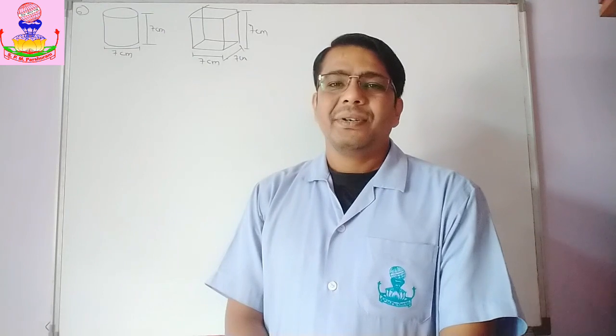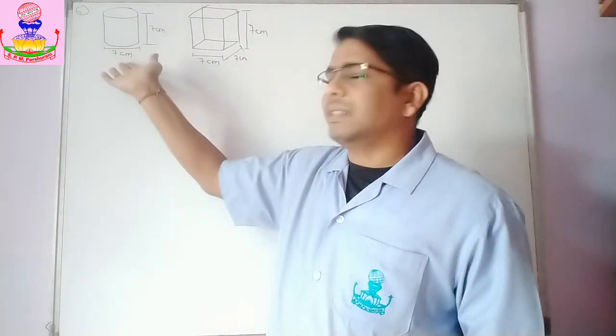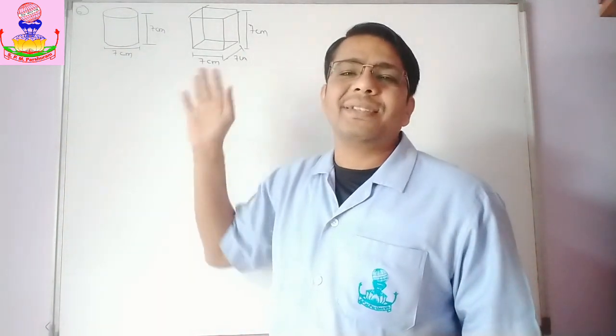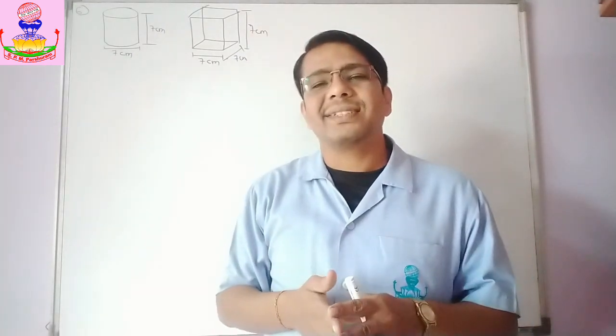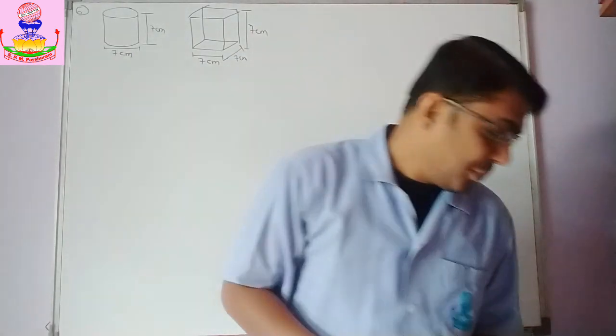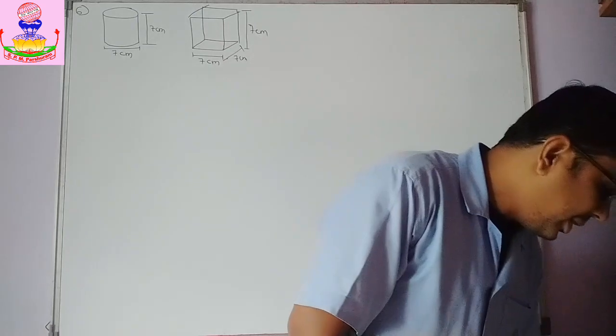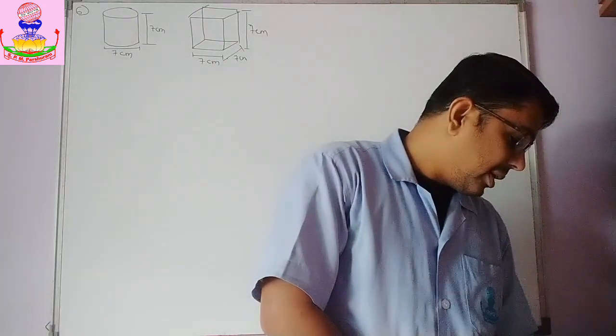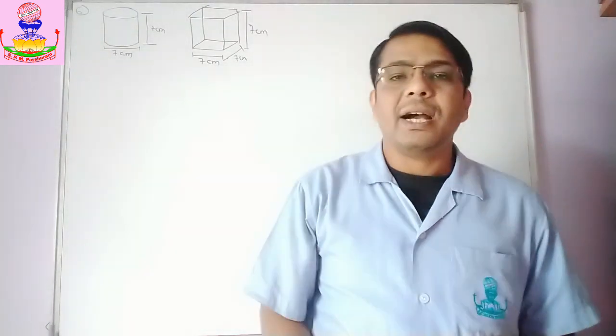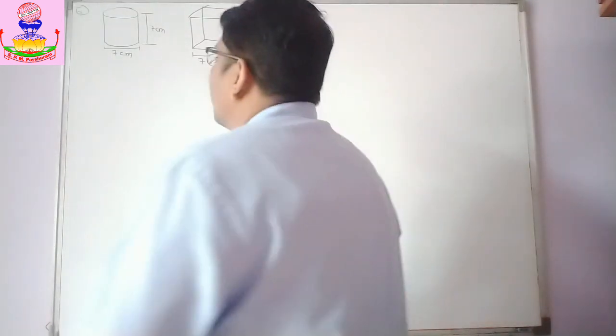Now what is the difference? This is a cylinder and this is a cube. Hence these two figures, they are different. Okay. So answer to the first question. Describe how the two figures are alike and how they are different.